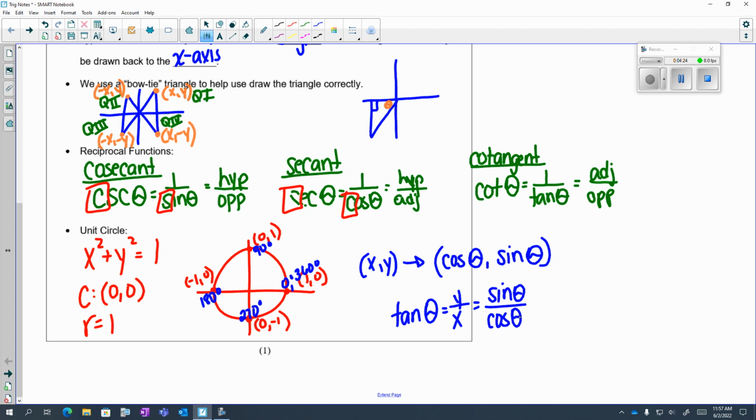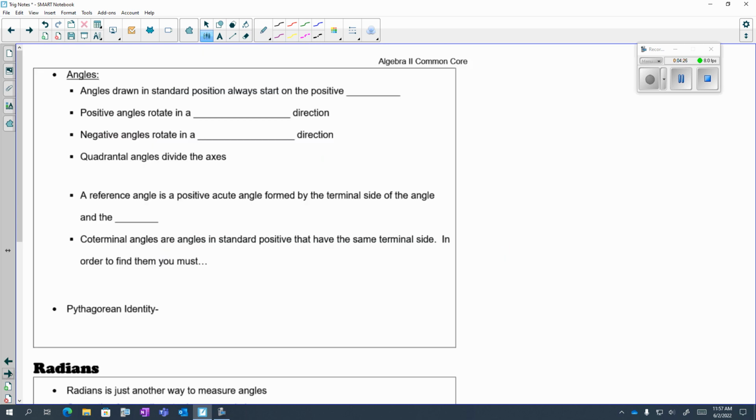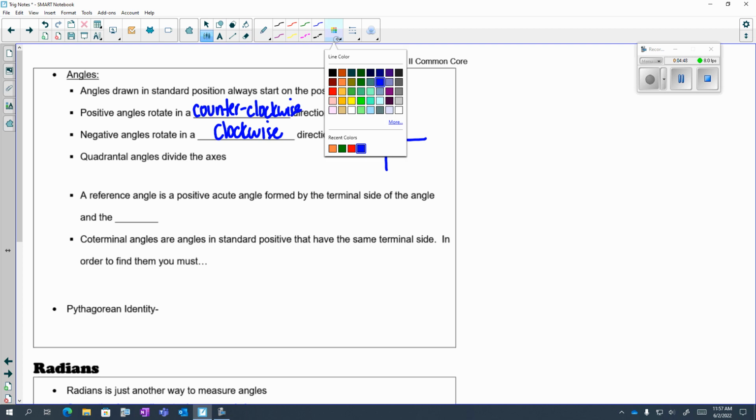So let's talk about some angles. Angles drawn in standard position always start on the positive x-axis. Positive angles rotate in a counterclockwise direction, and negative angles rotate in a clockwise direction. So here is my axes.